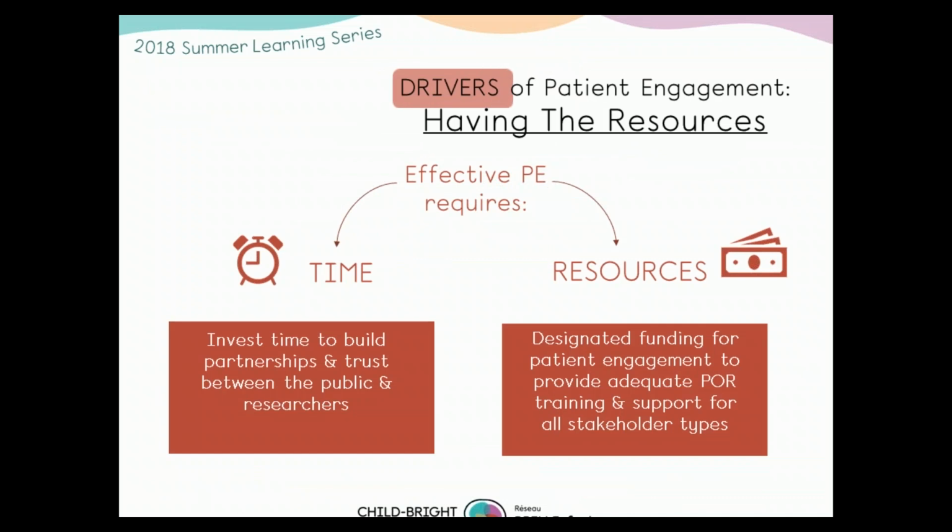So in terms of the drivers, it's essentially the flip side of what we were just saying. Designated funding sources are required to promote patient engagement right from the start, and ultimately that leads into allowing more time to be set aside to further drive this collaboration and these activities.